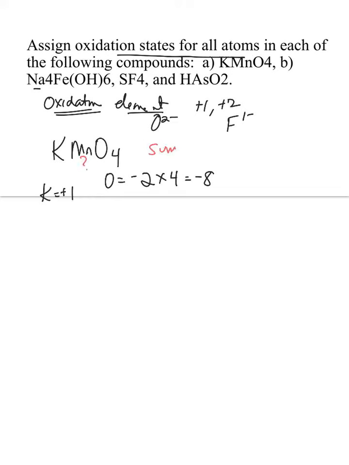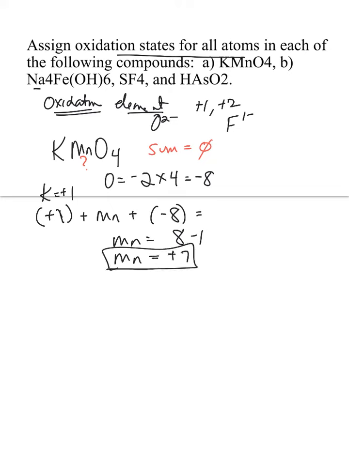Because this has to sum to 0 because there's no charge. So then you would just do +1 plus manganese plus -8 equals 0, so Mn equals 8 minus 1. There's only one of them, so Mn is a +7.